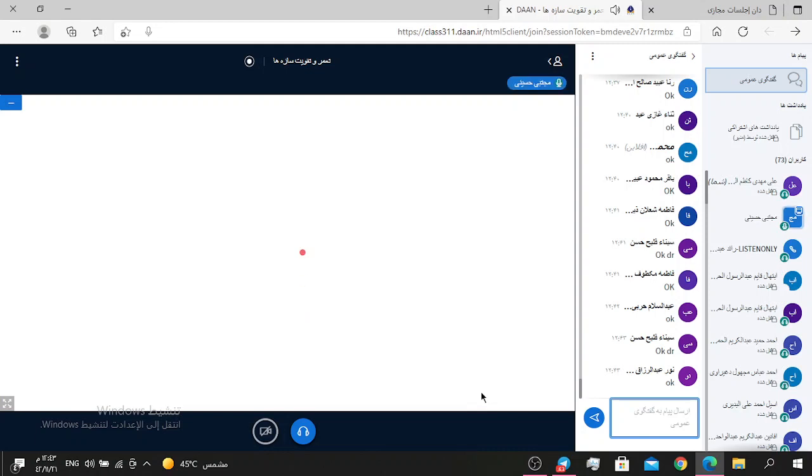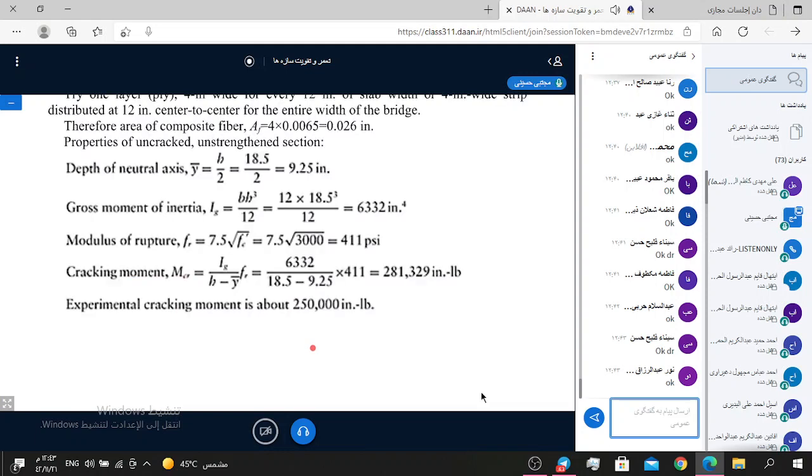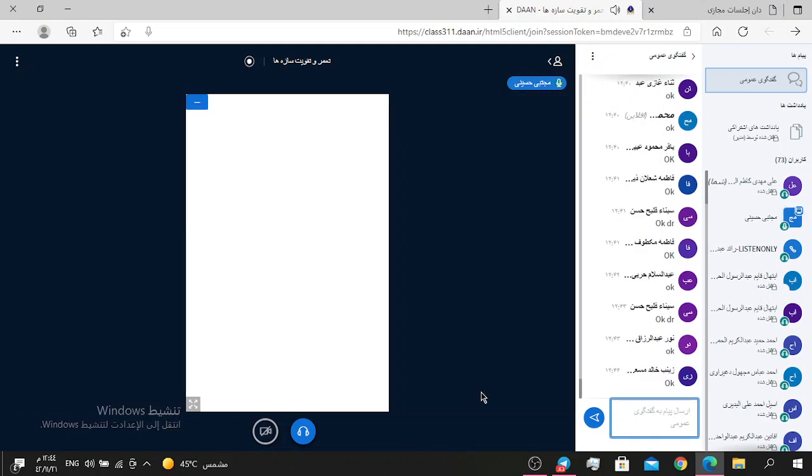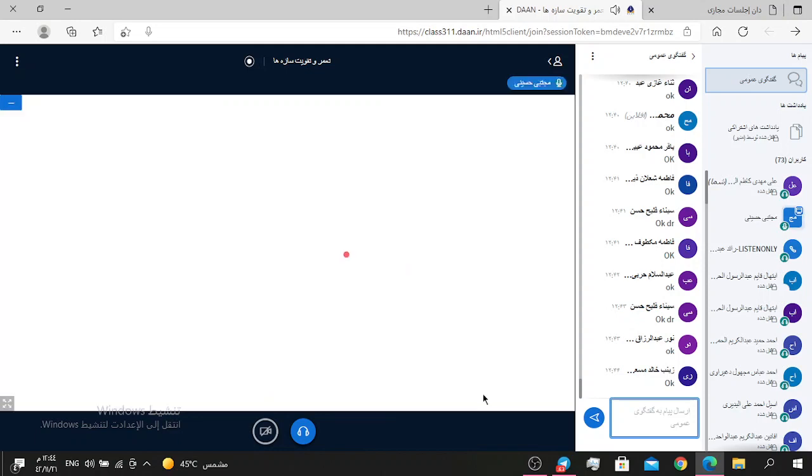Steps of neutral axis, gross moment of inertia, modulus of rupture, checking moment, and another step to compute the modulus of elasticity, moment of inertia, time, for example, and you can use this equation for computing bending.